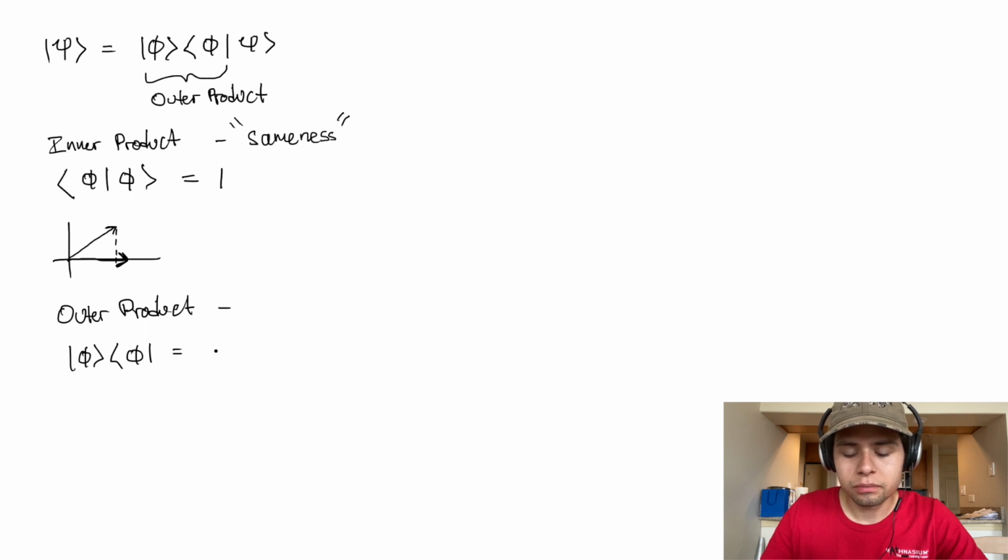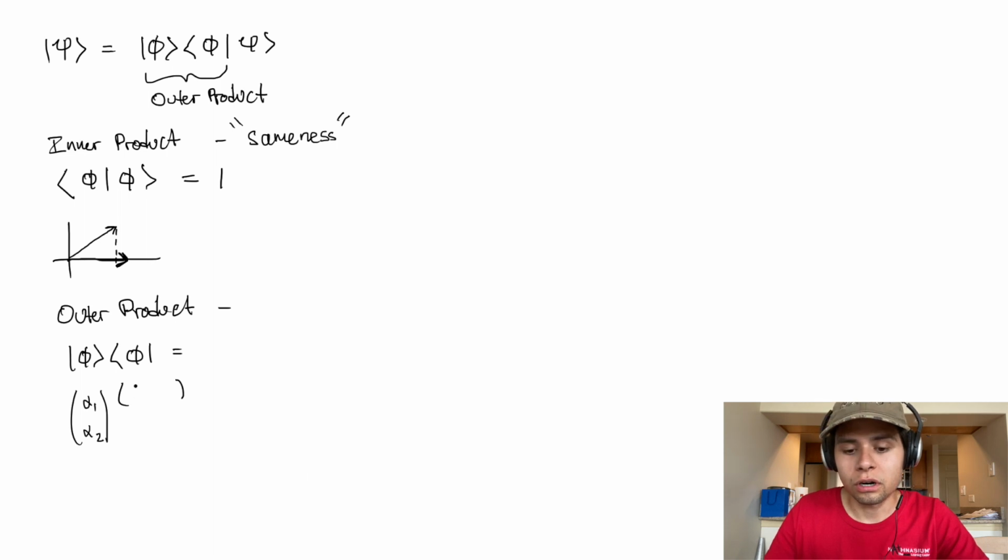And what this matrix is going to look like, we can think of this vector here as being in your standard column vector format, and this one here is in your standard row vector format.